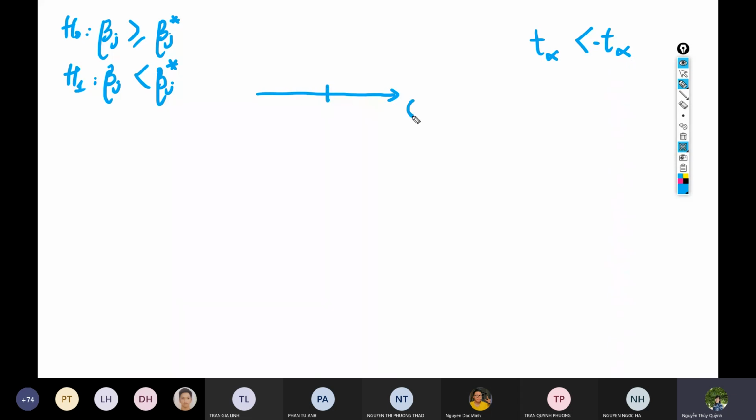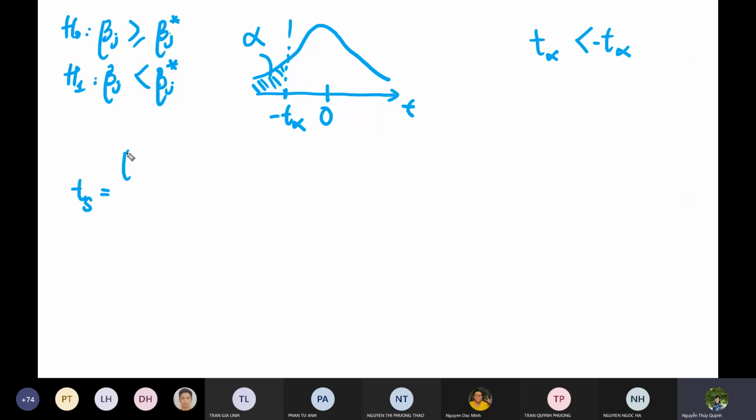So here is our T, the expected value of 0, and this is our minus T alpha. The area to the left of minus T alpha is our level of significance alpha here. Then we have to calculate the observed value of T, which is beta z hat minus beta z star divided by the standard error of beta z hat.